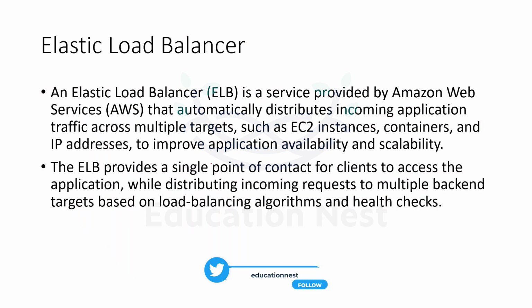So the next topic is ELB. Elastic Load Balancer is a managed load balancing service provided to us by AWS. It will automatically distribute the incoming traffic across multiple targets. The targets can be EC2 instances, containers, or even IP addresses.